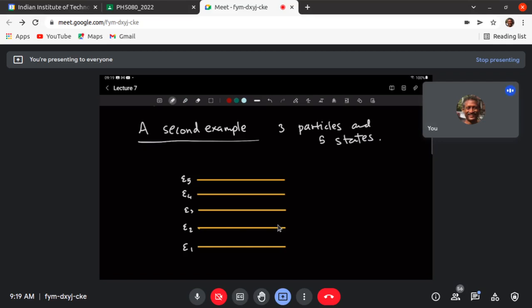But I just want to do a simpler example where I take only 5 of the infinitely many states, and there are 3 particles. I just tell you what their energies are. So I'm doing a very simple example where there are only 5 states. Of course, this is a caricature of reality, but what I want to explain will work even here.